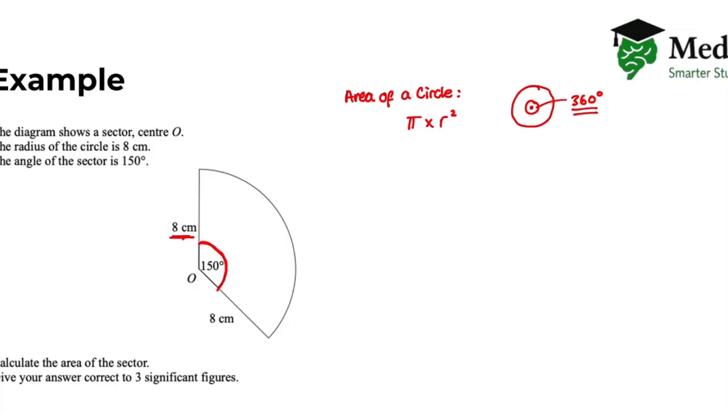We know that in a circle, the total angle adds up to 360 degrees. If you have a 360-degree angle, that means you have the full circle.